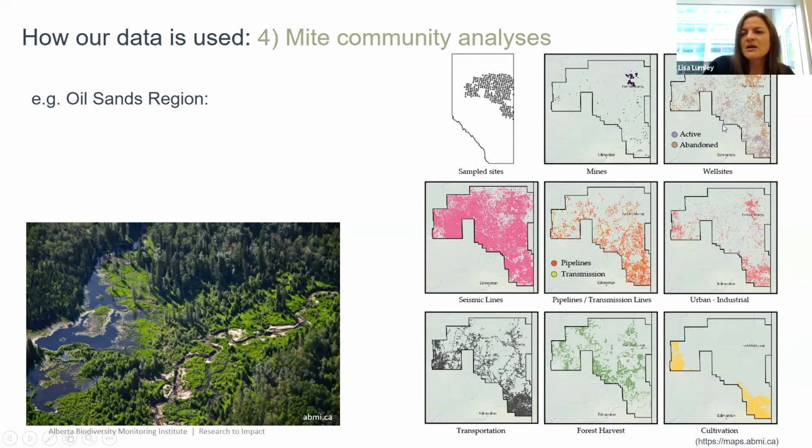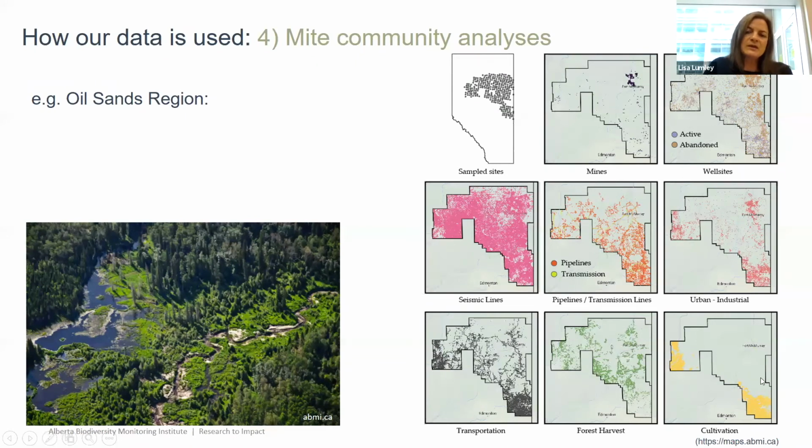So we have mines, both active and abandoned, well sites, seismic lines, pipelines and transmission lines, urban industrial, transportation, forest harvest, and cultivation.